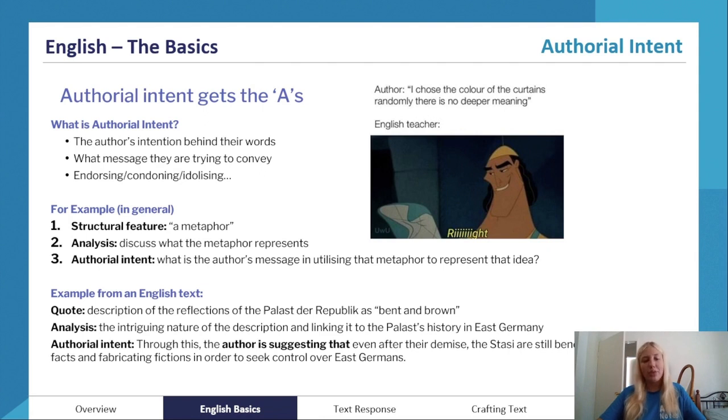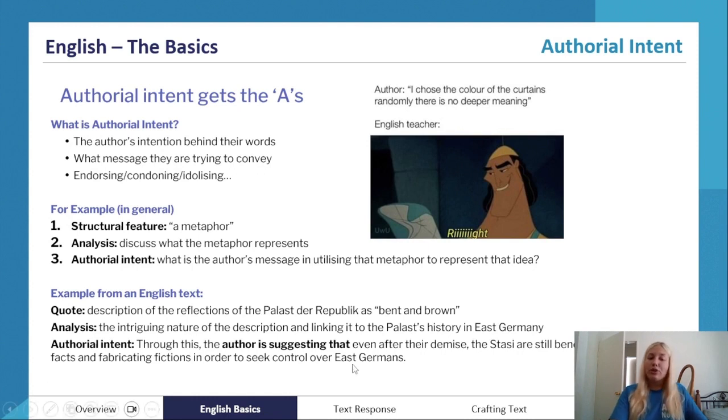Looking at an example from an English text, let's say the quote is a description of the reflections of the Palestine Republic as bent and brown. Our analysis would then be of this imagery and descriptions. Maybe we say that it shows the intriguing nature of the description and links it to the palace history in East Germany, and we link it to the context. But then if we want to write about authorial intent, we're looking for a message.